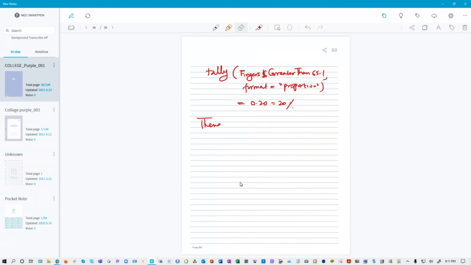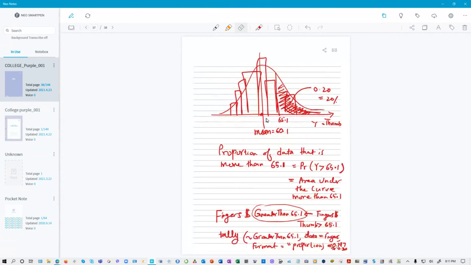That means there is a 20% chance that the new observation is more than 65.1, not 50%. Earlier it was 50% because we were talking with respect to the mean. If it is more than 60.1, more than the mean, definitely 50%.